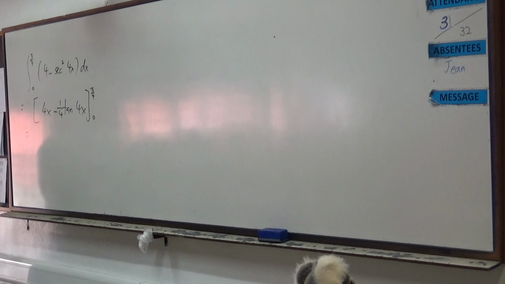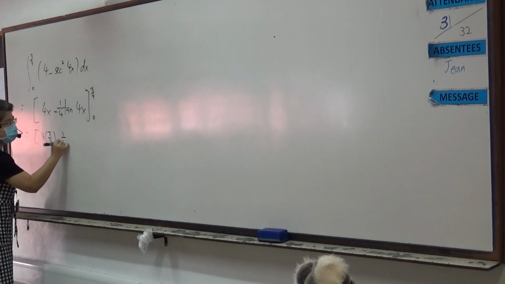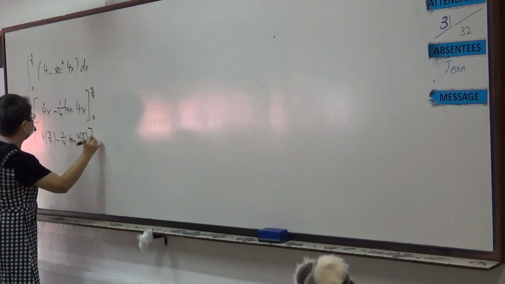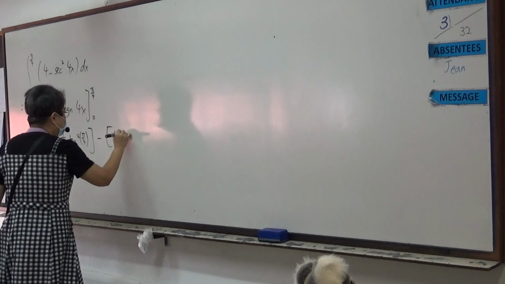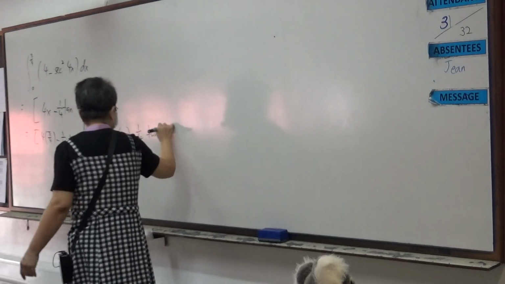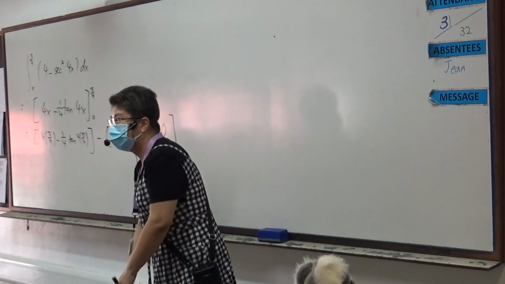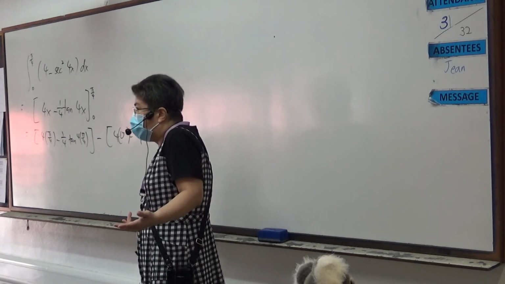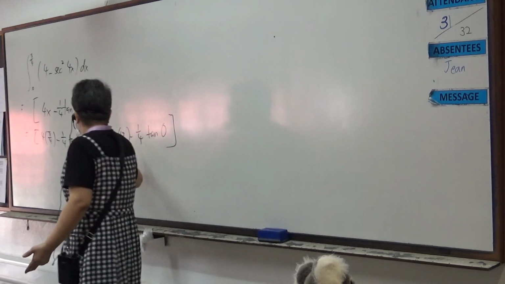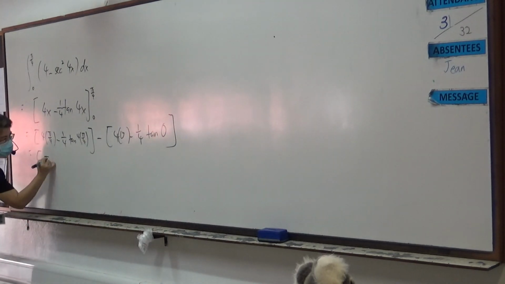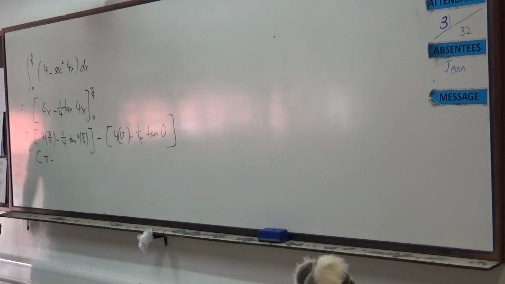The sub in is the one that students got problem with, okay? 4 times pi over 4 minus 1/4 tangent 4 times pi over 4, minus 4 times 0 minus 1/4 tangent 0. Now 4 times 0 is still 0, am I right? Tangent 0 is 0, correct? So this is 0, this is 0. So we will have pi minus tangent of pi.